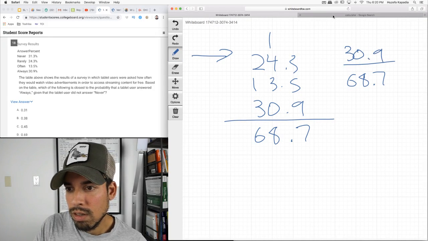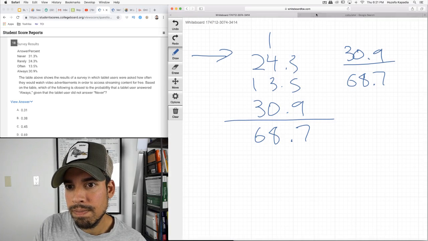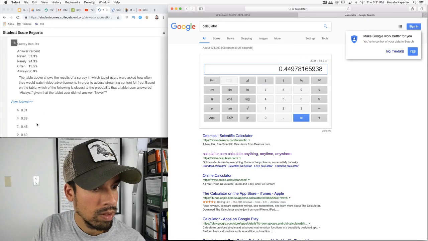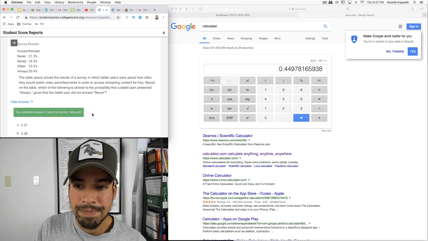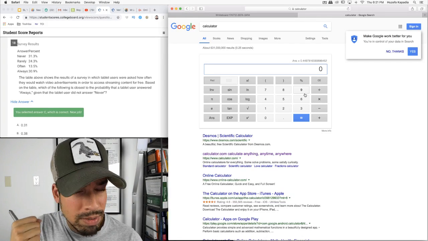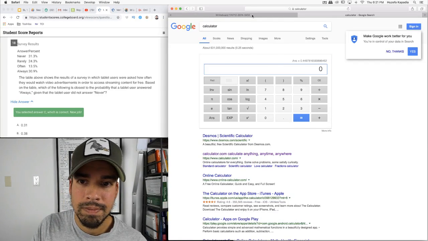Good thing I caught that. 30.9 divided by 45. So it should be C. And that's it. Probability is the chance of what we want, what we're trying to find, over the total. That's it.